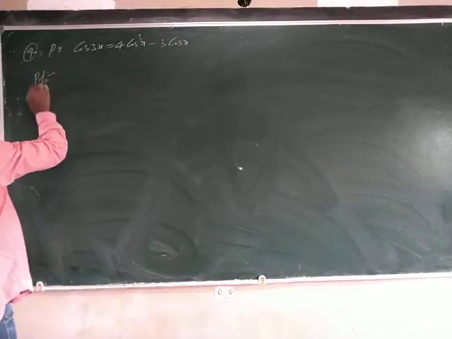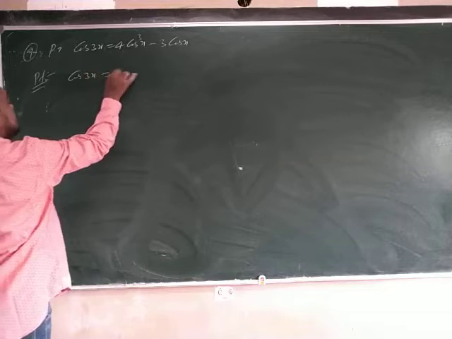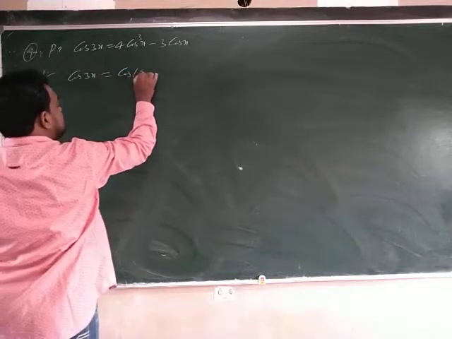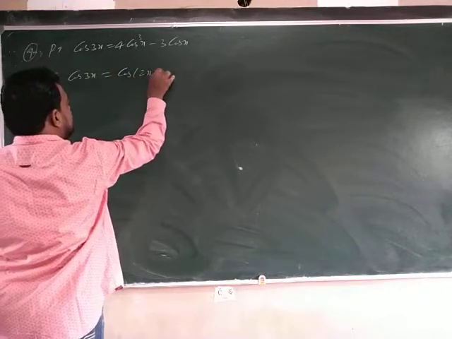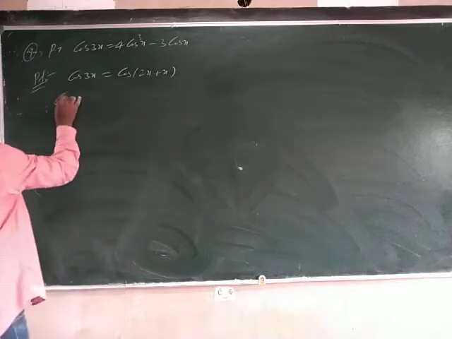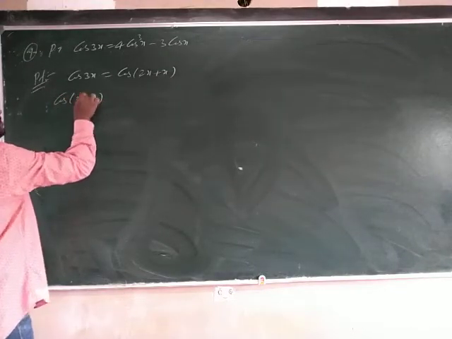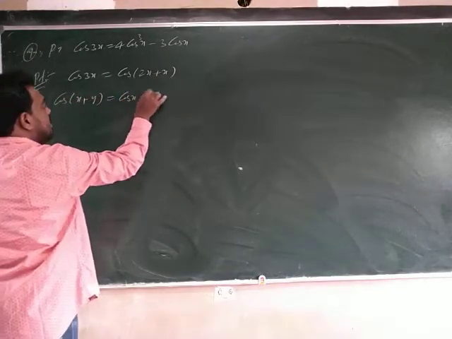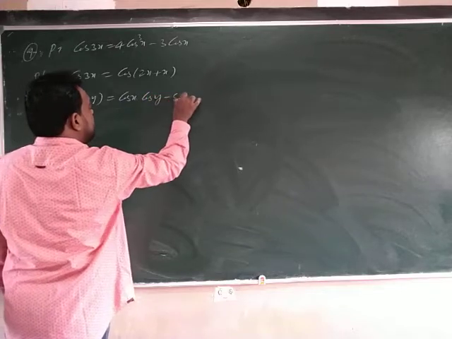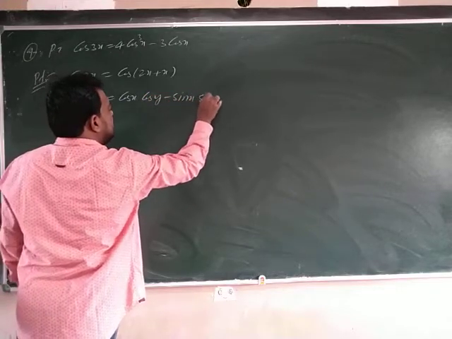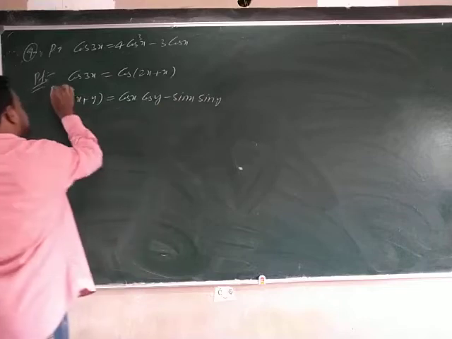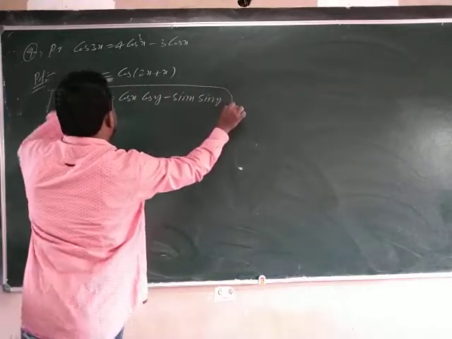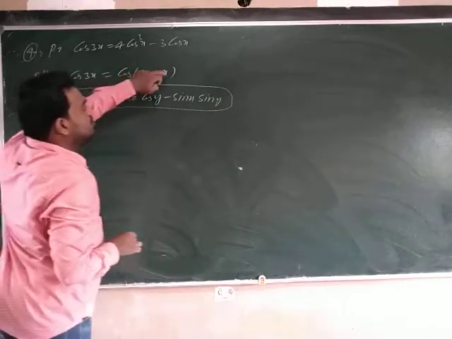Proof: cos 3x is equal to cos of 2x plus x. We know the cos of x plus y formula: cos x cos y minus sin x sin y. In the same way we substitute x is equal to 2x, y is equal to x.